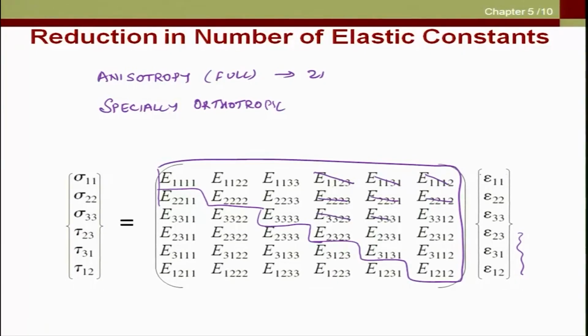Similarly, these three terms will be 0, because they couple the shear stresses with shear strains. So, I will put that in a different color. All these terms will be 0. Why?